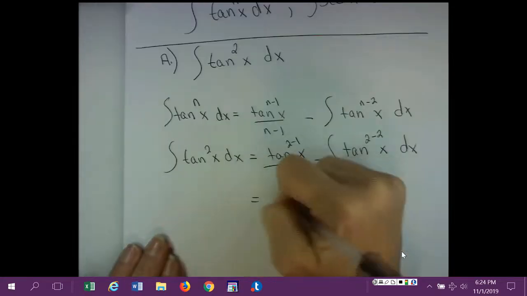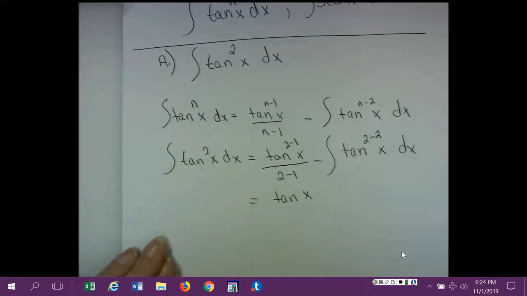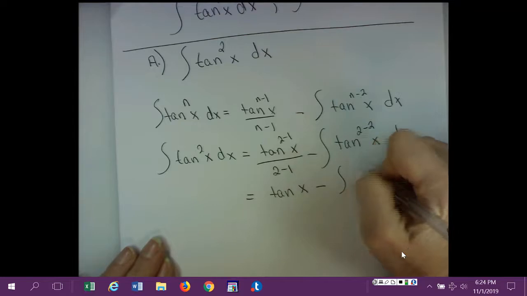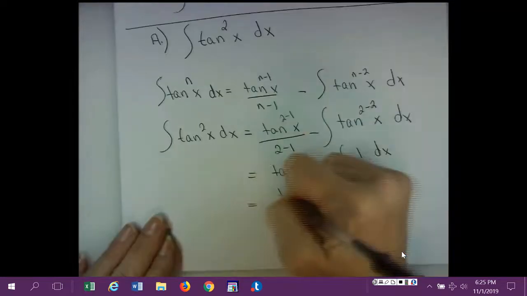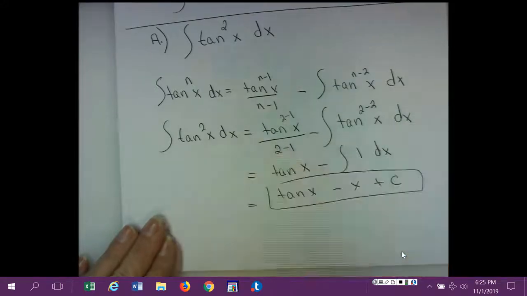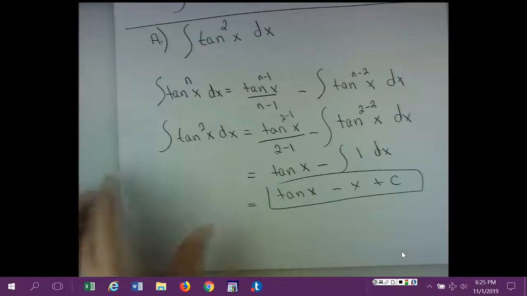This is going to just be tangent x over 1, or tangent x. This is going to be minus the antiderivative of tangent x to the 0 power, which is an understood 1. So this is tangent x minus x plus c. And there's your blue box special using the reduction formula. Now I'll show you the alternative.